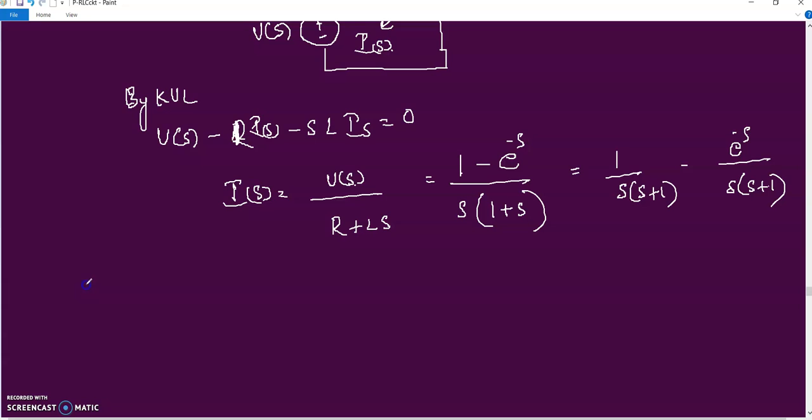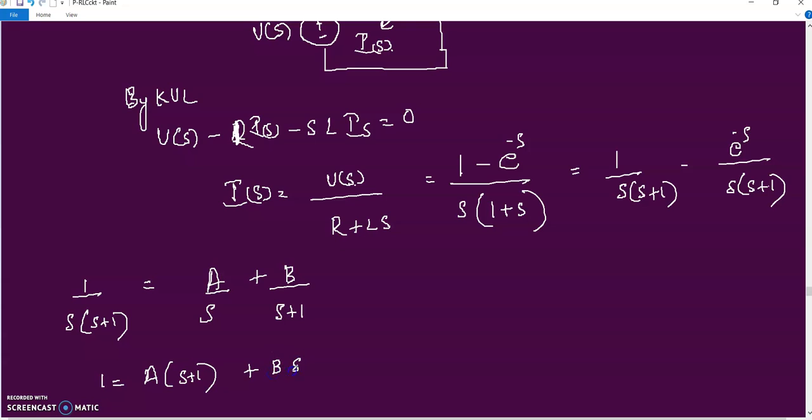Let's see, by doing partial fraction expansion, 1 by s into s plus 1 is equal to A by s plus B by s plus 1. So 1 is equal to A into s plus 1 plus B into s.